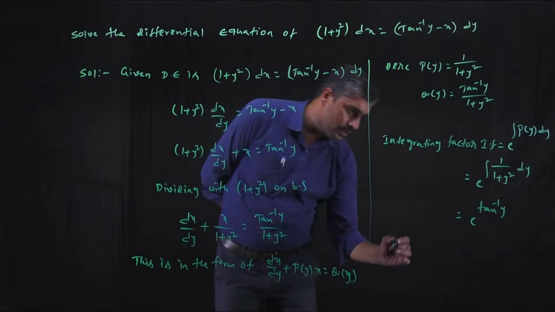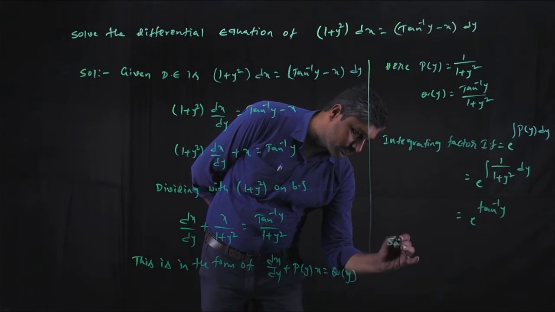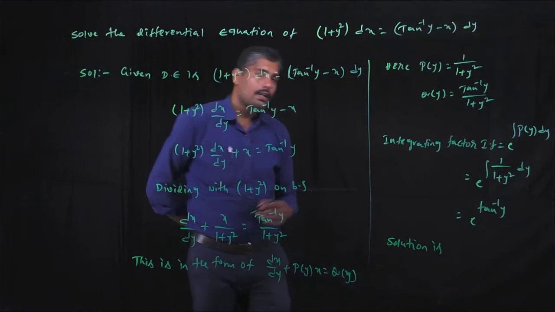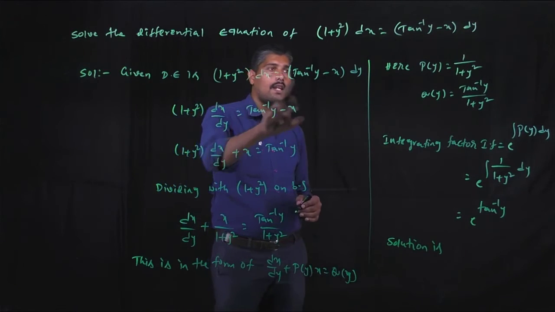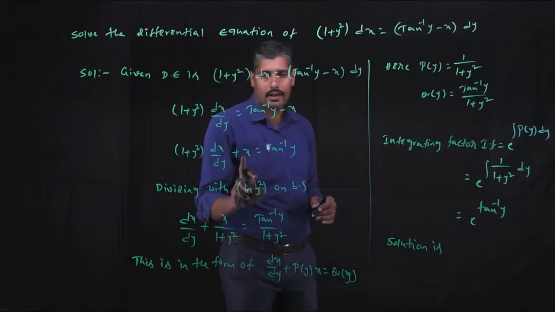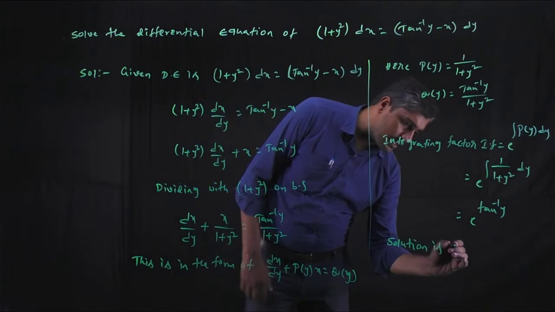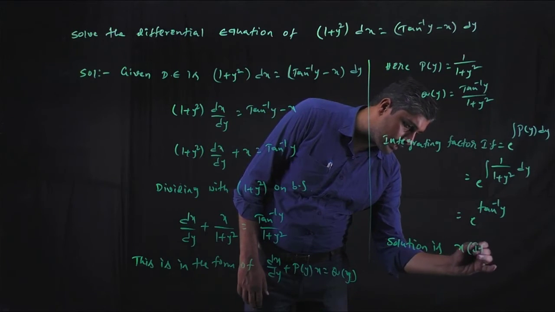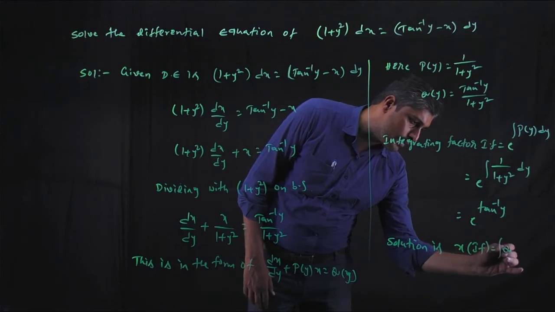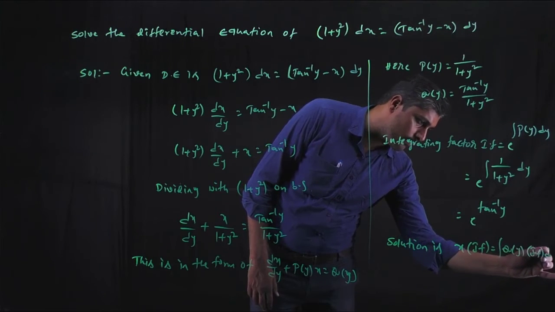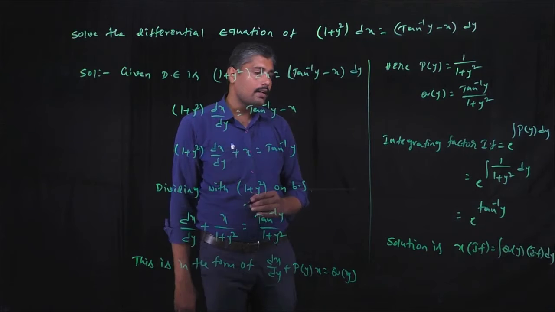Right, then the solution is, as this is a linear differential equation in x, x into the integrating factor equals the integral of q of y into the integrating factor dy.